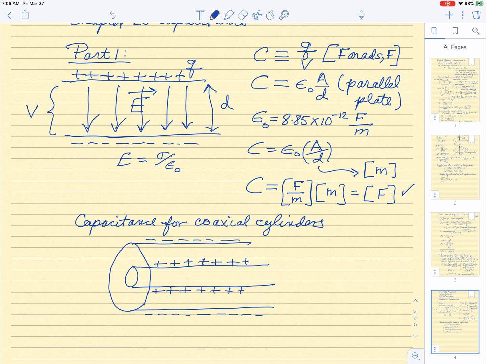If I were to draw that this way, here's the inner conductor, here's the outer conductor, and this is going to be radius a, and this will be radius b.